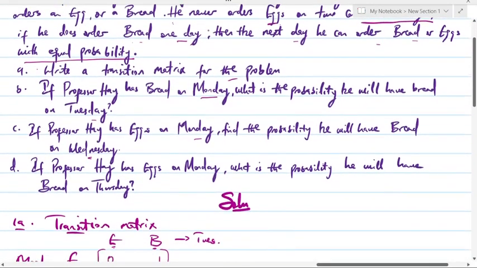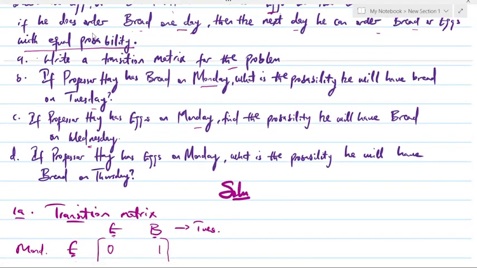So let's now go to question B. Let me change my pen. This is example 3. So if Professor A has bread on Monday, X0 equals bread, what's the probability we have bread on Tuesday?